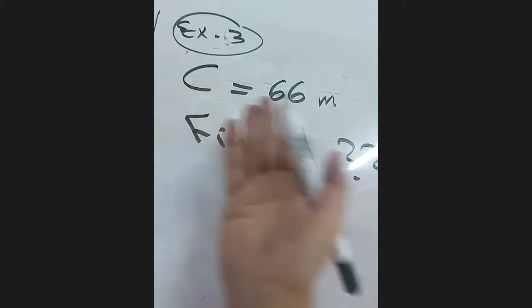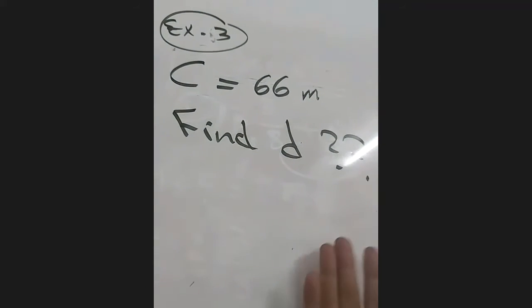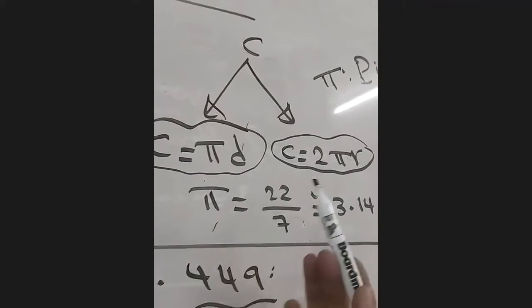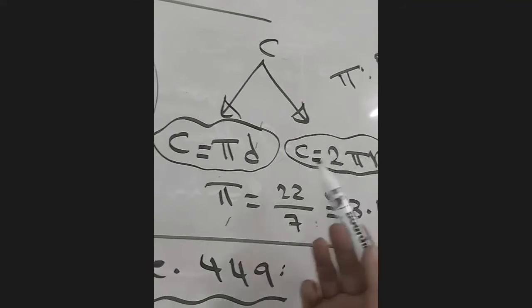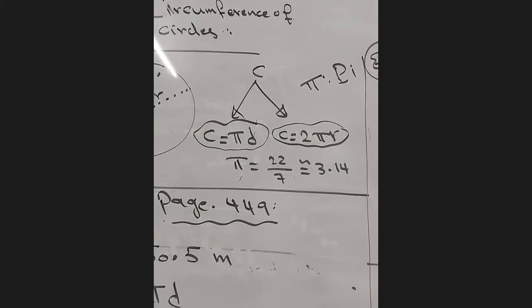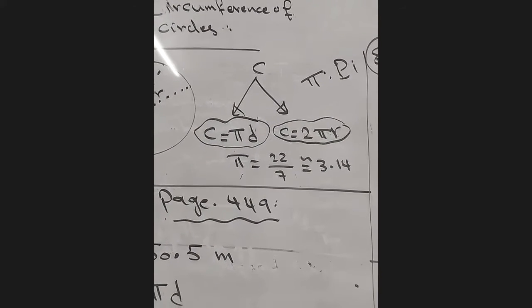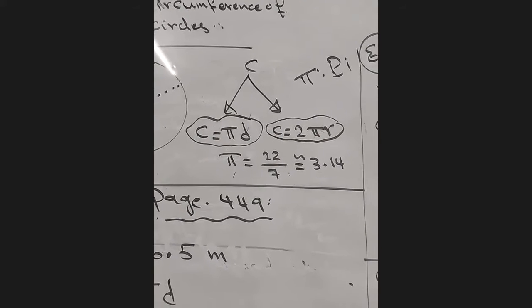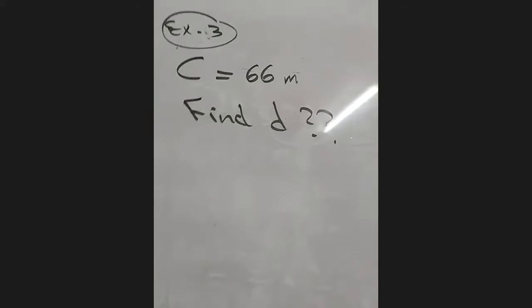The given is the circumference. They want us to find what? Diameter. Which formula will we use? The one with r or the one with d?